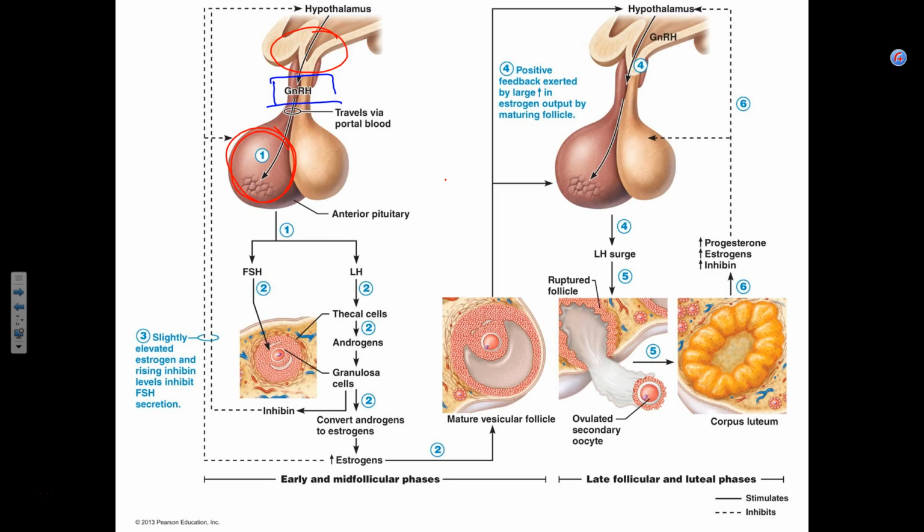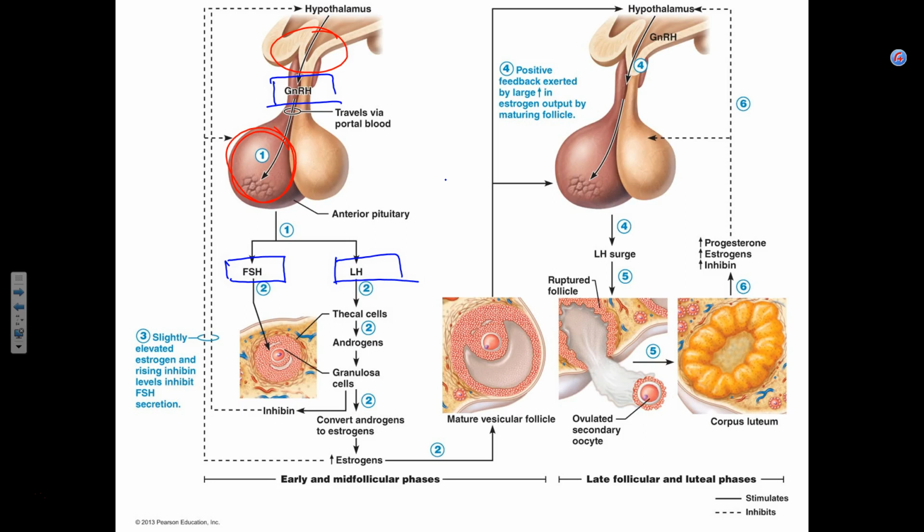In response to gonadotropin releasing hormone, which two gonadotropins are going to be produced? LH and FSH, follicle stimulating and luteinizing hormone. So far we're clear? Now let's take a look at what these hormones do.